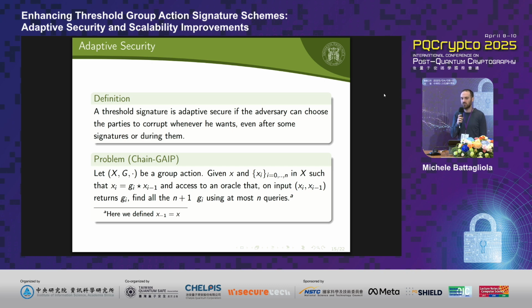In adaptive security, the idea is that the adversary can corrupt some players at the beginning, whenever he wants, and then we can start to simulate the signature query and so on, but the adversary can stop at any time, also in the middle of a signature query, to corrupt more players. Of course, the maximum number of players allowed to corrupt is still T-1, otherwise it would be trivial to produce a forgery.